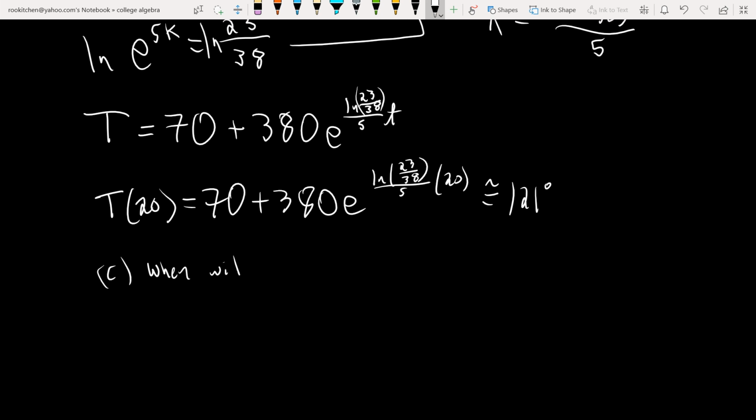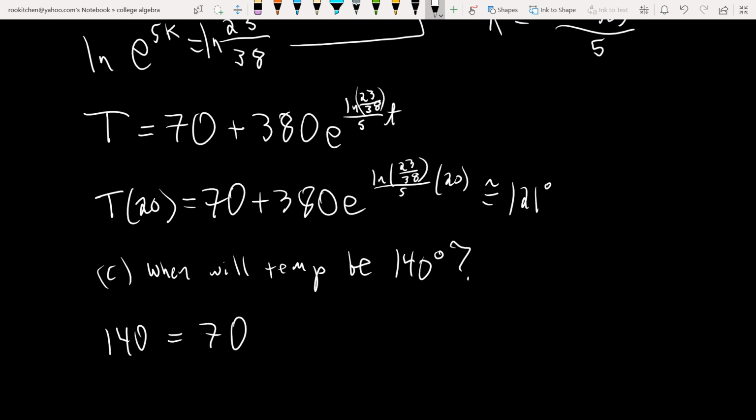Then they want to know, when will the temperature be 140 degrees? In that case, you're going to put 140 in for T and solve for little t. So 140 equals 70 plus 380 e to the ln of 23 over 38 over 5 times t.